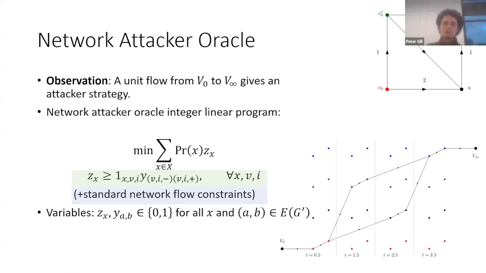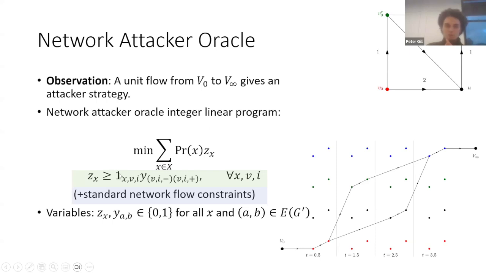So if you remember back to our example with two resources, two police officers, there were some cases where an attacker could technically get interdicted twice. But we only want to count an interdiction once, so against a defender strategy. Given an attacker strategy and a defender strategy, either interdiction occurs or not. We're not counting multiple interdictions.